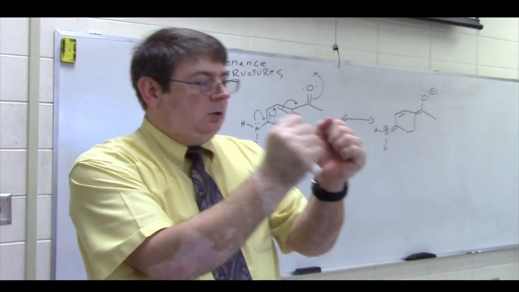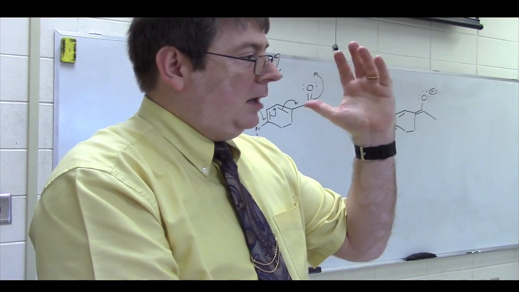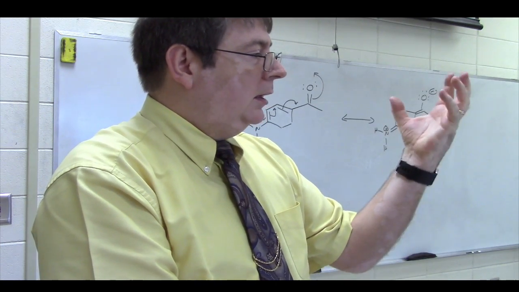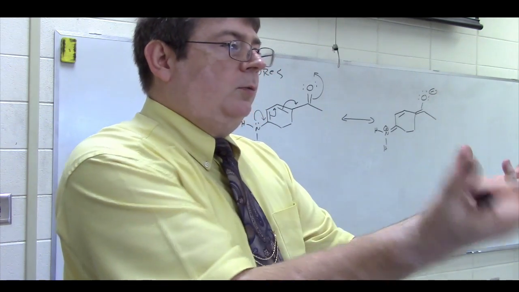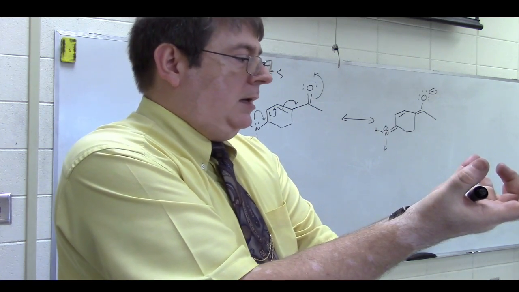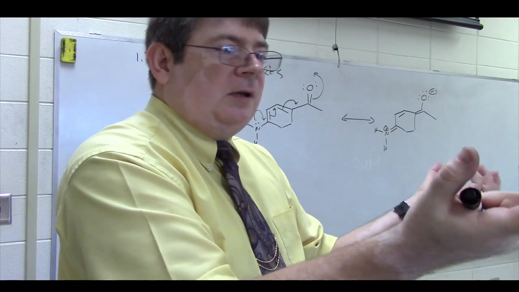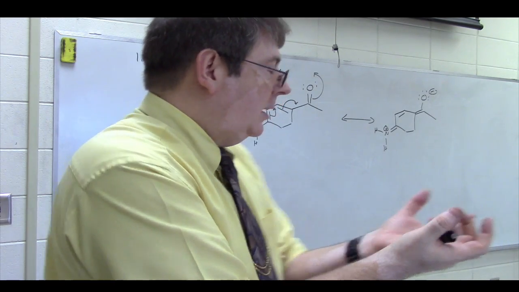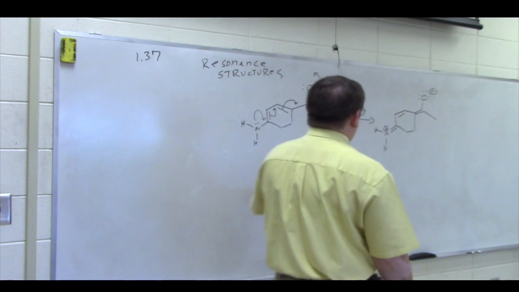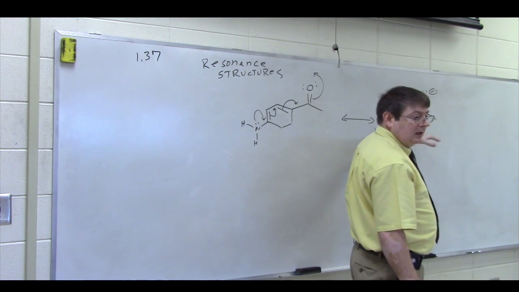So if I could hold a particle that was positively charged and a particle that was negatively charged, and I brought them close together, that's how they would want to be, right? And if I tried to separate them, I'd have to put a lot of effort into separating them because they would want to attract one another. So charge separation is actually a destabilizing force in resonance structures.